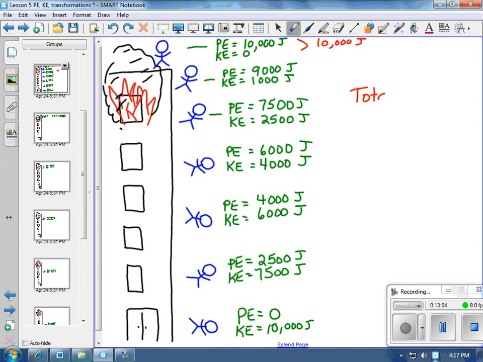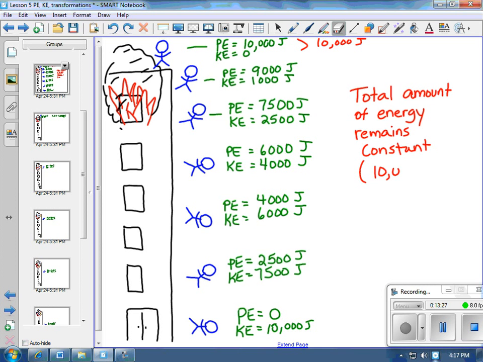So the total amount of energy remains constant. In this case, 10,000 joules.